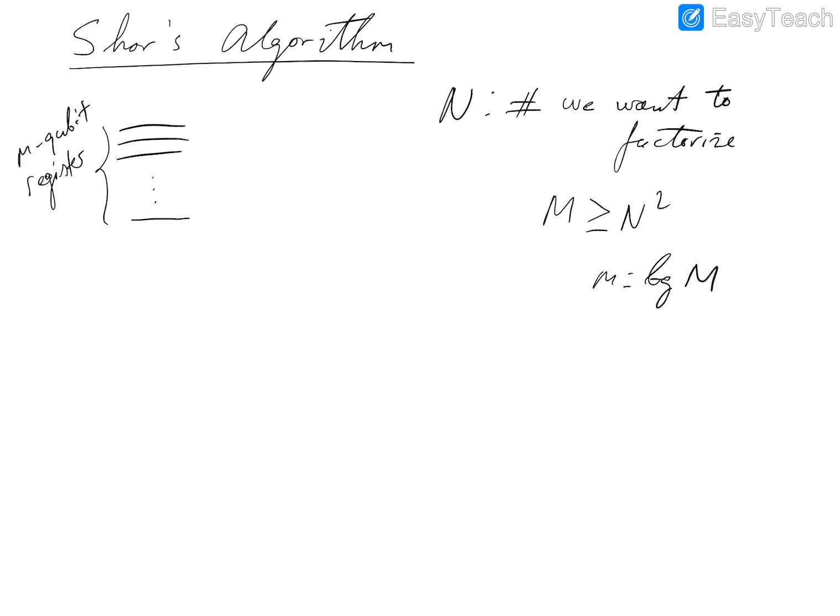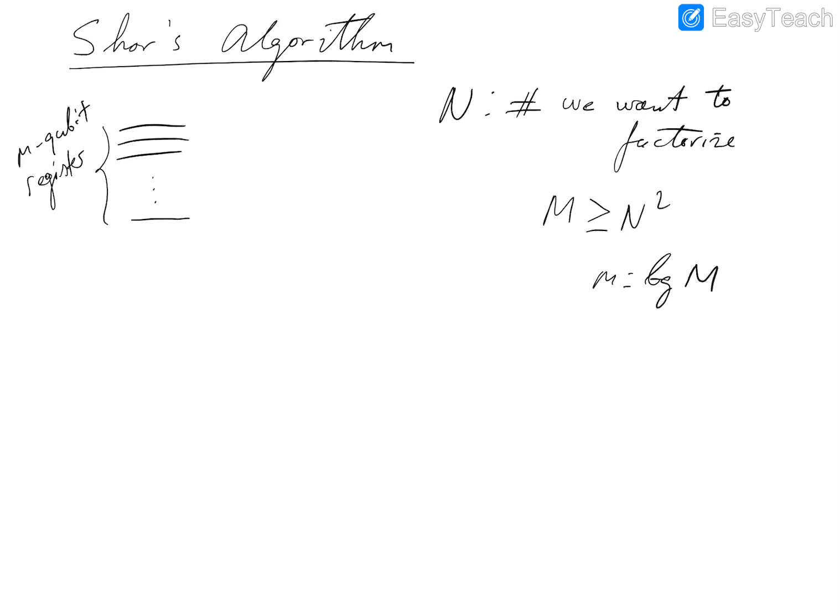And the reason that m should be at least as large as n squared is the following. We compute at least n squared different values of the modular exponentiation function all in parallel. Since r is less than n, there can be only r many different function outputs. So the period must manifest itself in the resulting sequence of n squared function values.